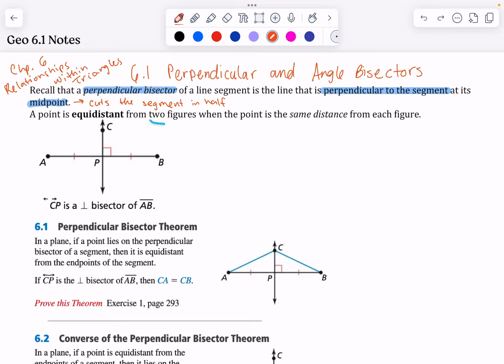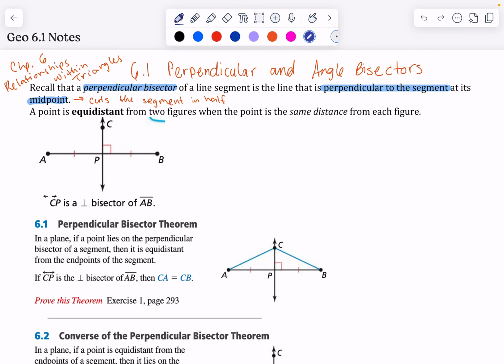We have the perpendicular bisector of AB is line CP. So that line is what we would call the perpendicular bisector, because it's cutting segment AB in half into two equal pieces, and it cuts it in such a way that it forms 90-degree angles.